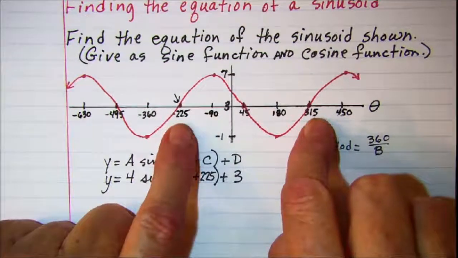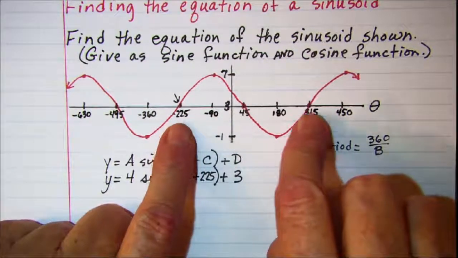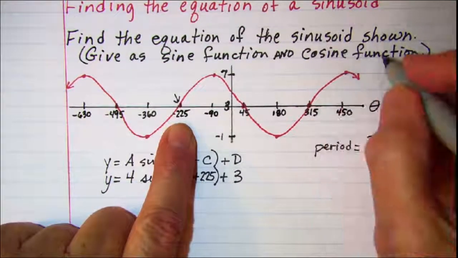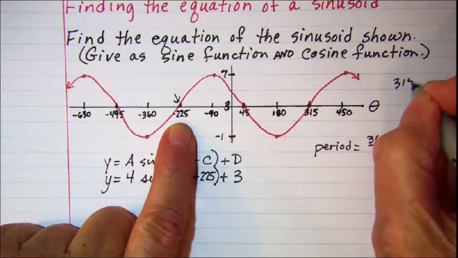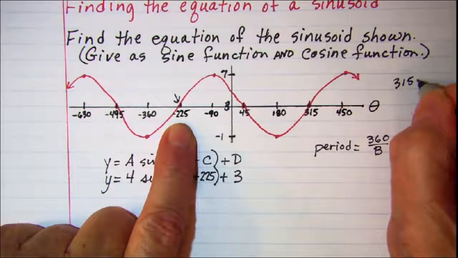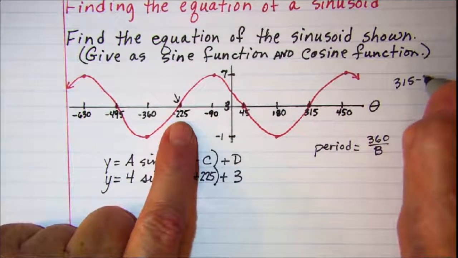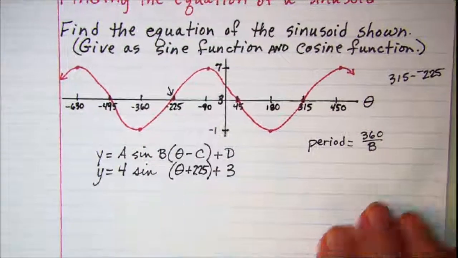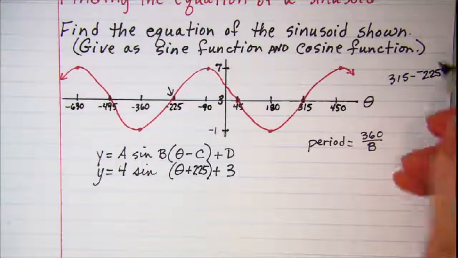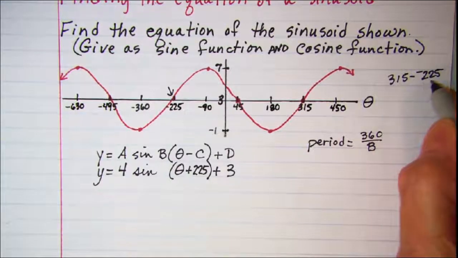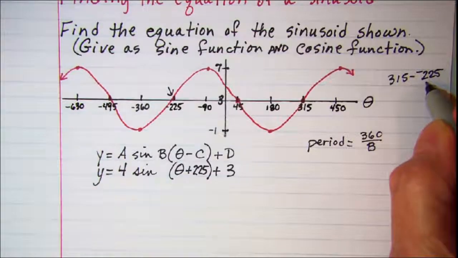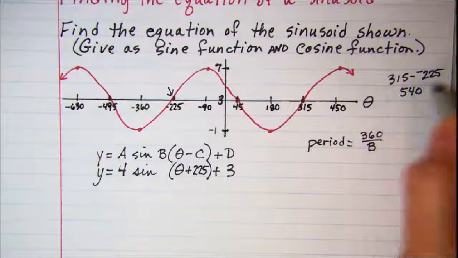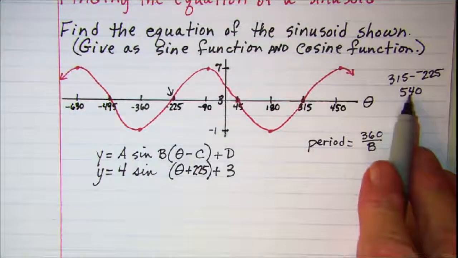So what we need to do is find out how many degrees are between these 2 points. So if I take my largest number, 315, and subtract the smallest number, which is -225, you can see that this is actually plus here. So 315 plus 225 is 540. So my period is 540.